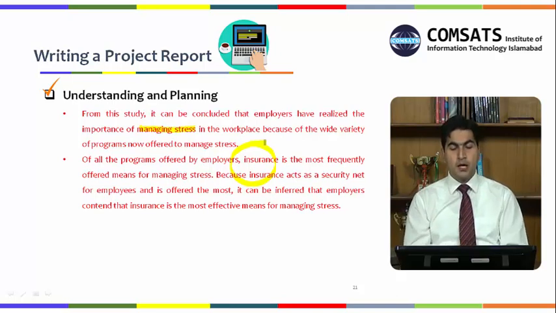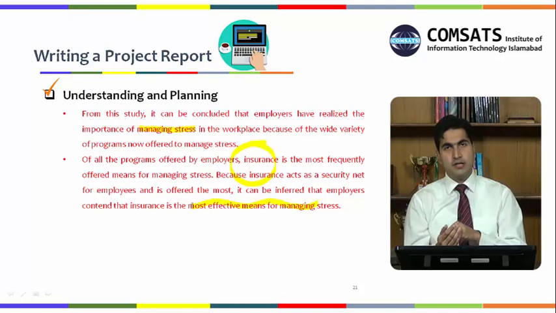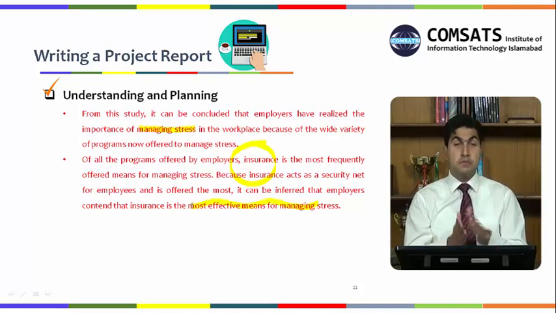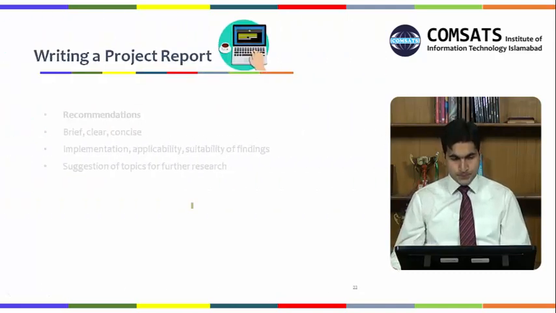Insurance is the most frequently offered means for managing stress. Because insurance acts as a security net for employees and is offered the most, it can be inferred, a logical deduction, that employers contend that insurance is the most effective means for managing stress. So you highlight the significant element by logically deducing it based on the summary of findings. This is basically the formula for writing your conclusion.